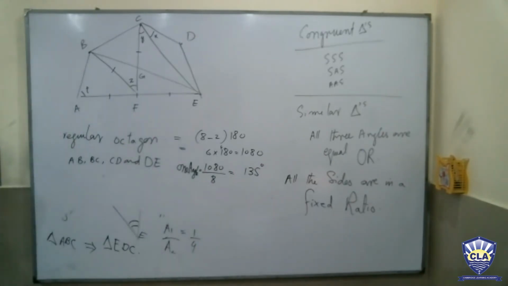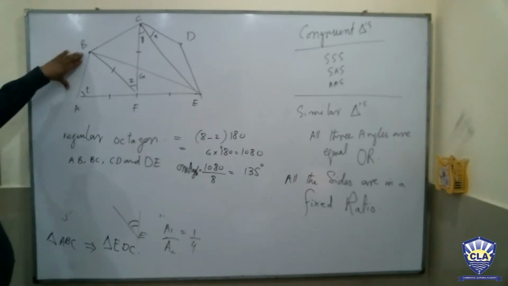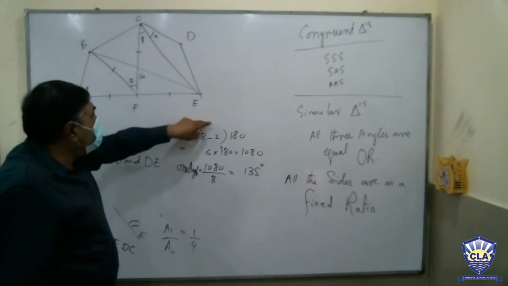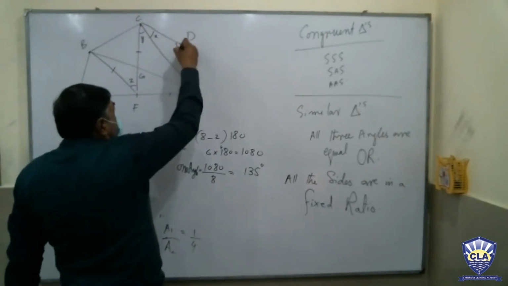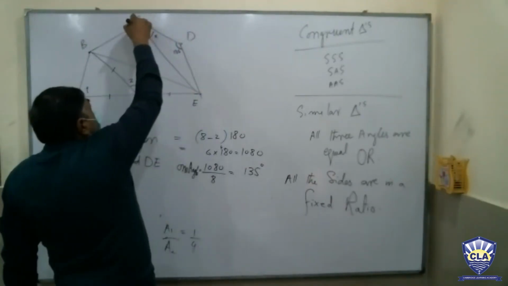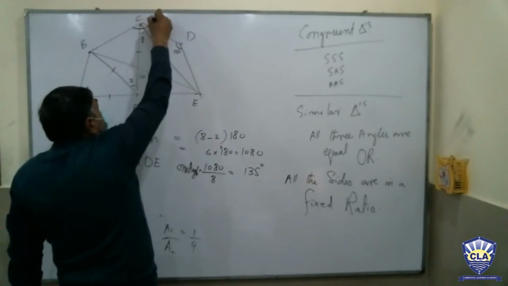AB, BC, CD, DE are the adjacent sides. The complete angle is 135.